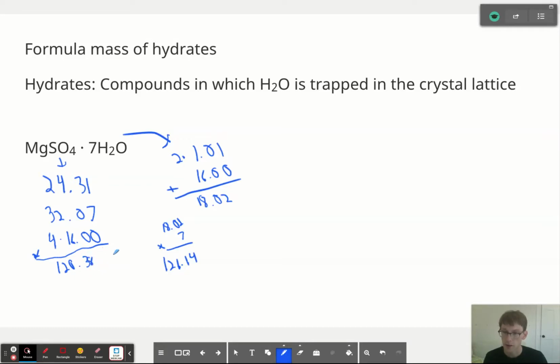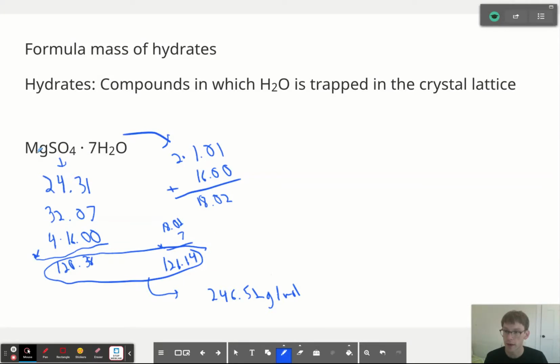And so actually the mass of the whole thing is going to be just the sum of these two. When I add these together, the sum is going to be 246.52 grams per mole.